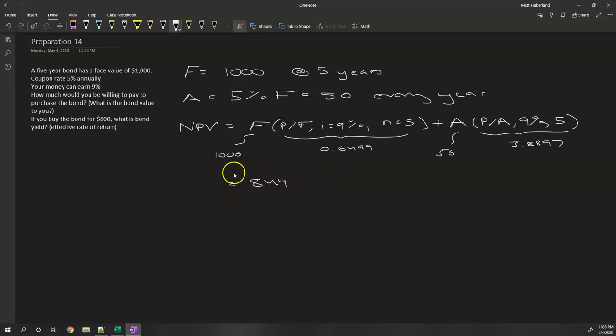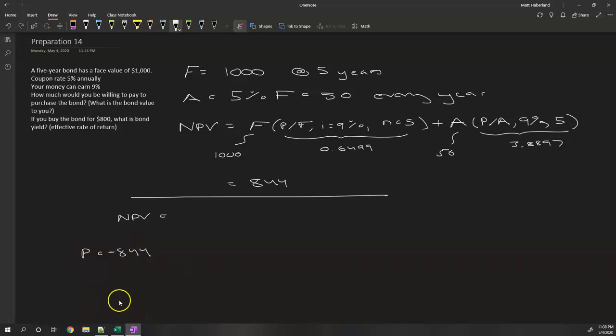And I'm saying that this is the amount you should be willing to pay for the bond. Well, let's see this another way. What is the net present value if I told you that we were going to pay a present amount, $844 for the bond?